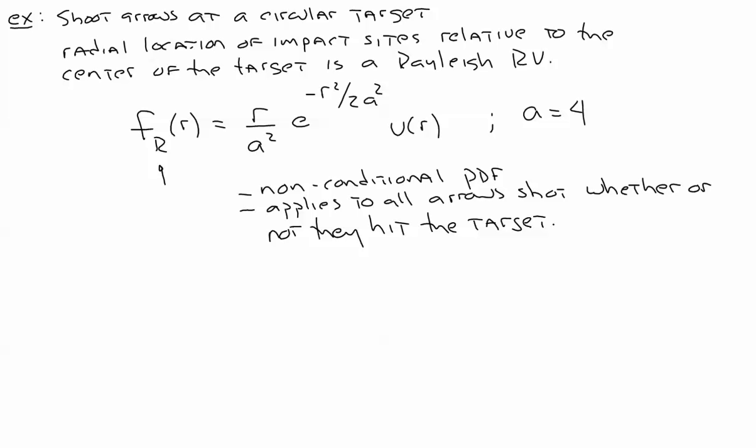Okay. The non-conditional mean. The non-conditional mean is A times the square root of pi over 2. We've seen this before early on. And in our case, A is 4.